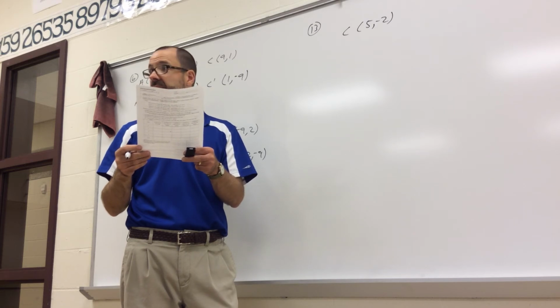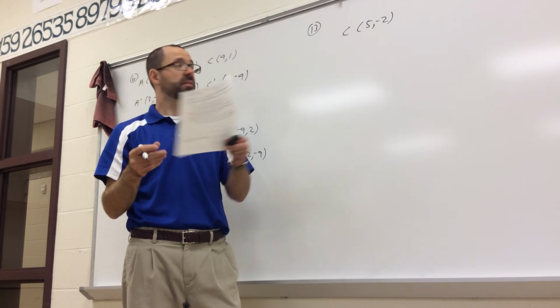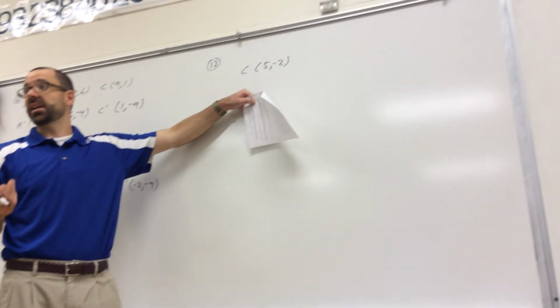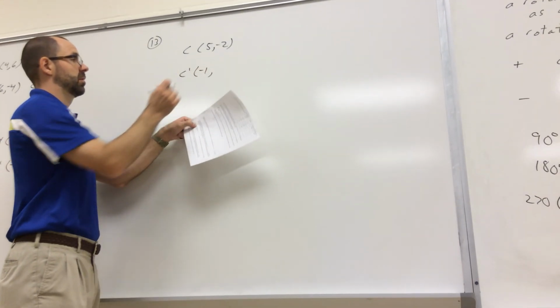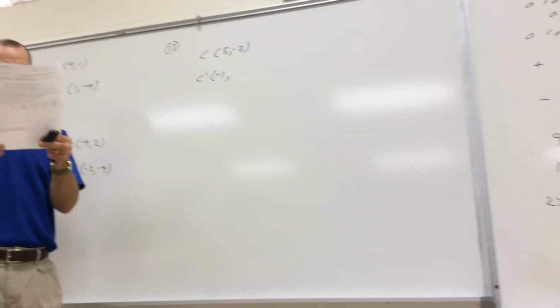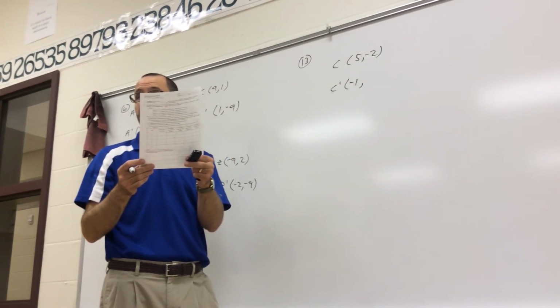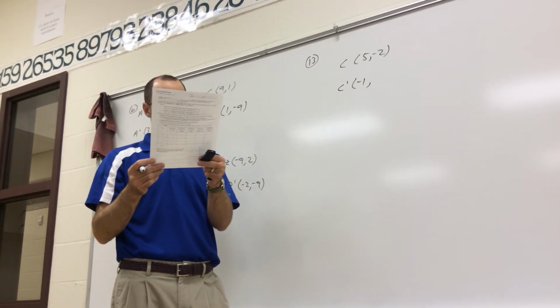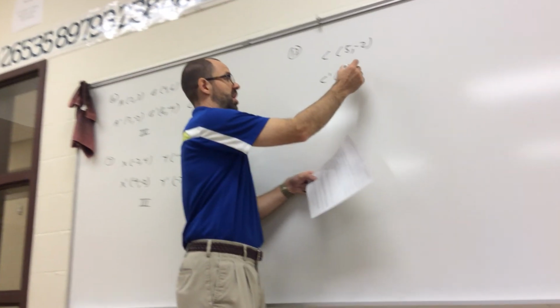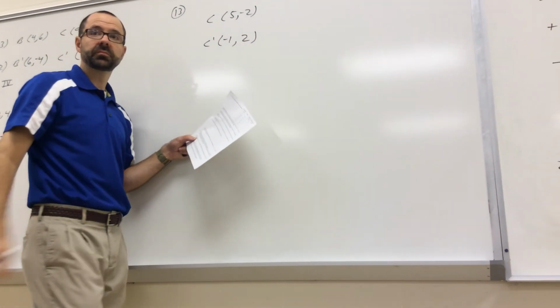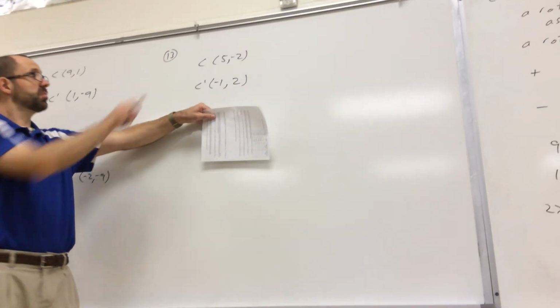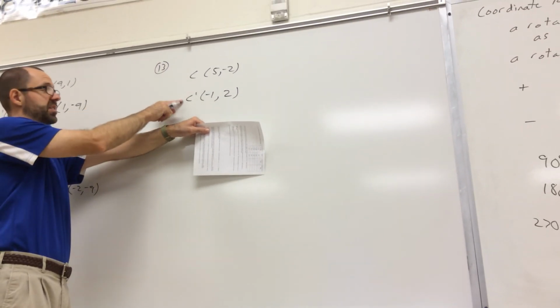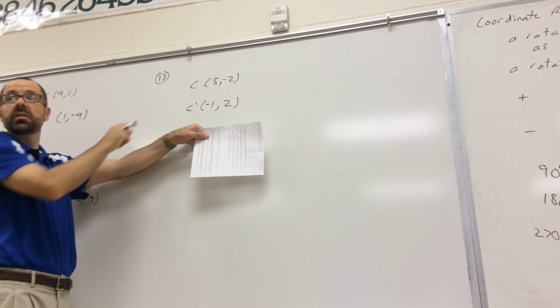Subtracted by 6, right? So the 5 is going to become -1. And then the y is being added by 4. So the y is going to become +2. So this is my original point, and then after I slide it, I end up here.